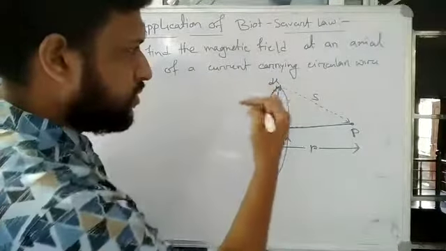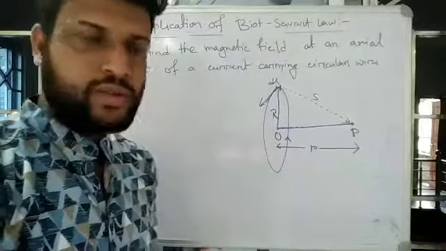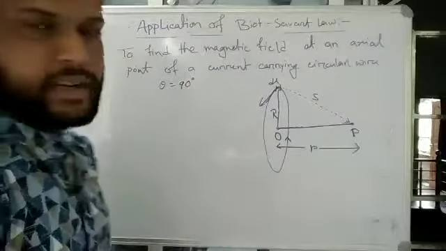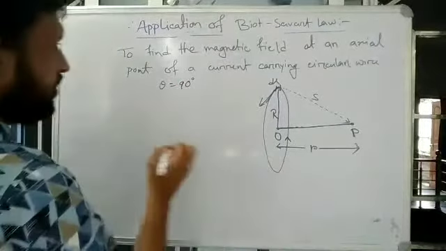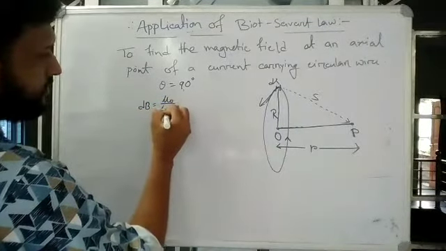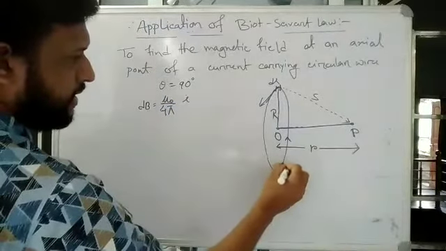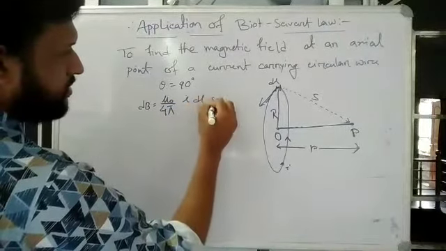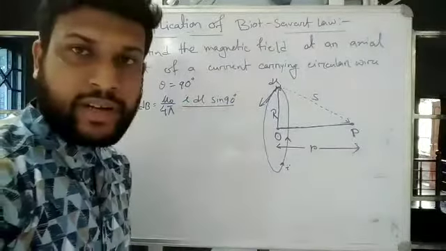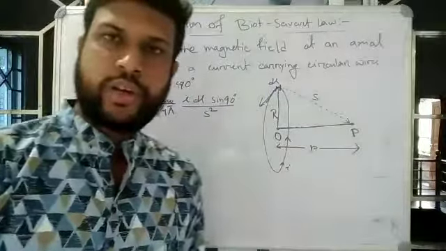Because dl is towards you, out of the plane, and s is in the plane of the board. So again here you will get theta as 90 degree. So the dB will be mu0 by 4 pi, suppose the current is I again, I dl sin 90. Now the distance is what? Distance will be s square. Hopefully you have understood this part.